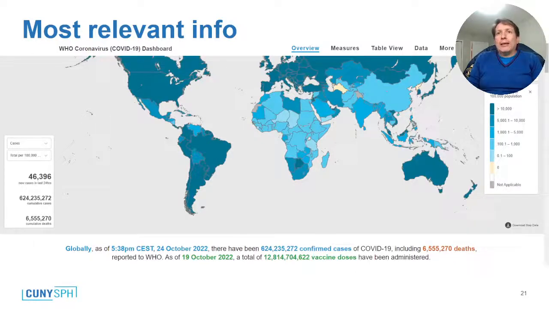We have the basic numbers, and this is a coronavirus dashboard overview, and globally, as of today, we have more than 624,000 confirmed cases of COVID, including 6.5 million deaths.